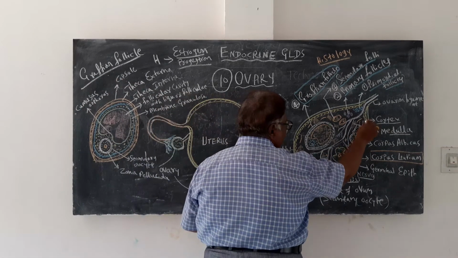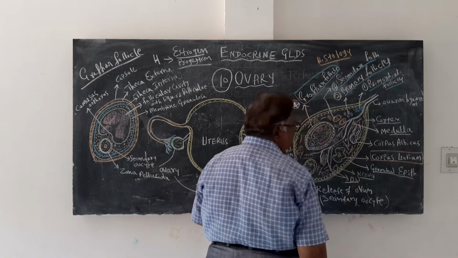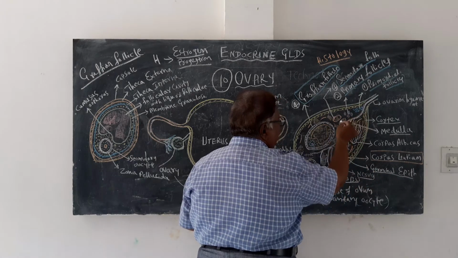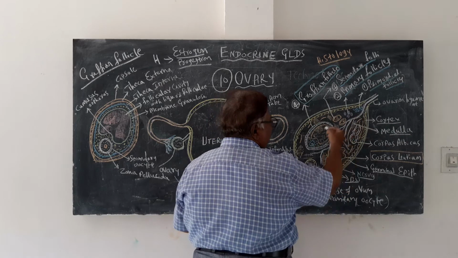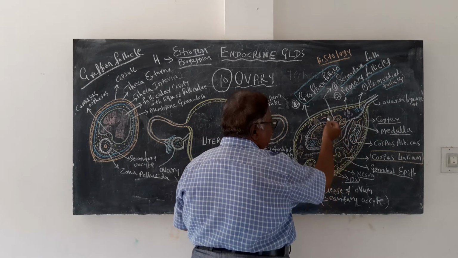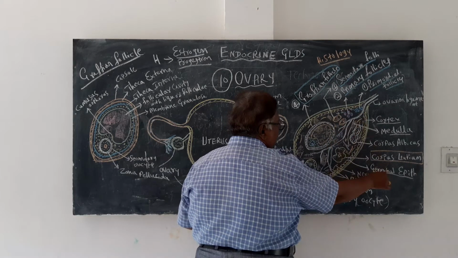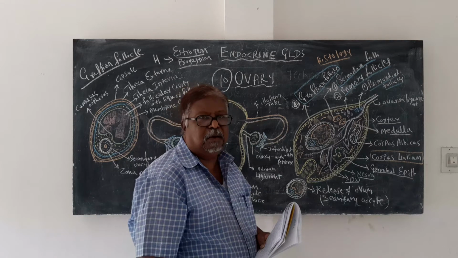This is the cortex, and these are the germinal epithelial cells which produce the germinal follicles. Here, numbers 1, 2, 3, 4, stages are there. So, different types of follicles are produced by these cells here. They are the germinal cells. The meaning of germinal is nothing but germination.